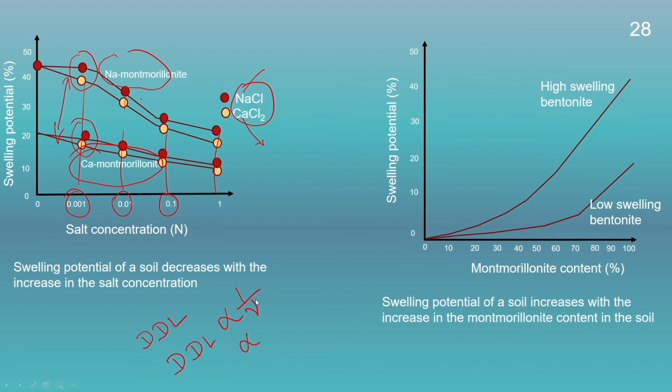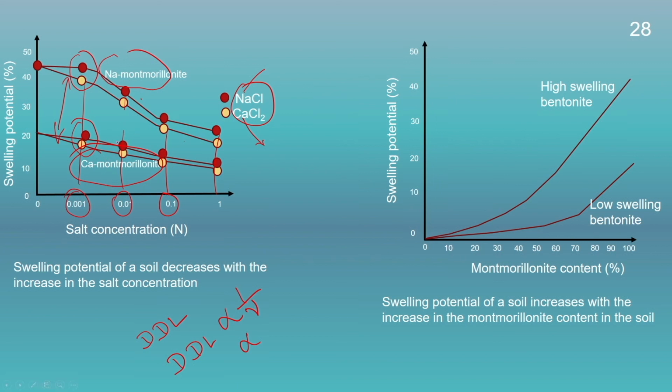So, therefore, any change in the salt concentration as well as the valency of the cation also changes the diffuse double layer thickness and consequently the swelling potential. And if we compare the sodium montmorillonite and calcium montmorillonite, the sodium montmorillonite will have a higher value of diffuse double layer thickness in comparison to calcium montmorillonite.